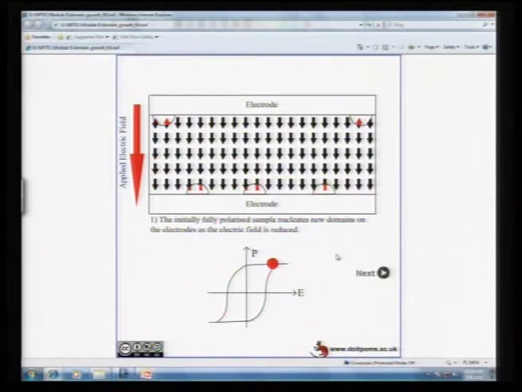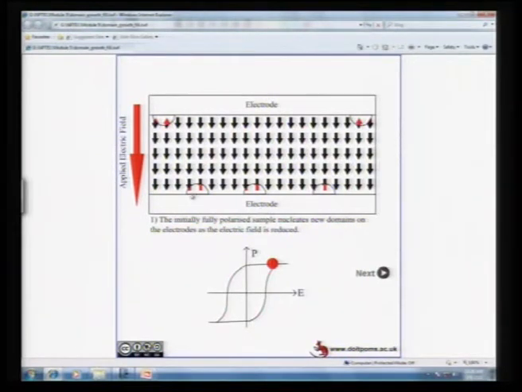Now, what you see here is, as a result of application of this electric field, you have nucleation of these domains at the interface between the sample and the electrode, because it is a foreign surface and it helps the nucleation of new domains. If you go through nucleation and growth fundamentals, you will find that foreign surfaces assist nucleation.